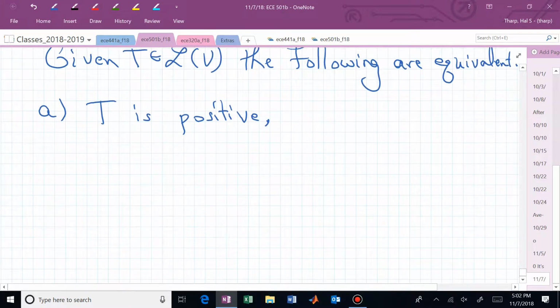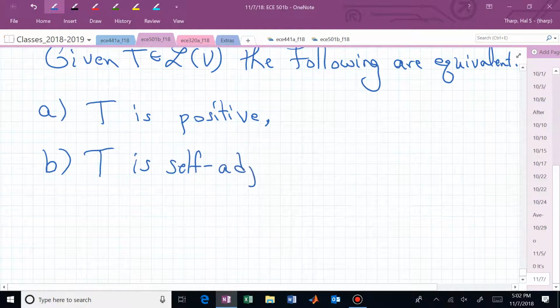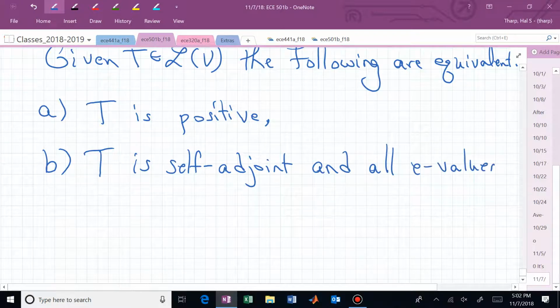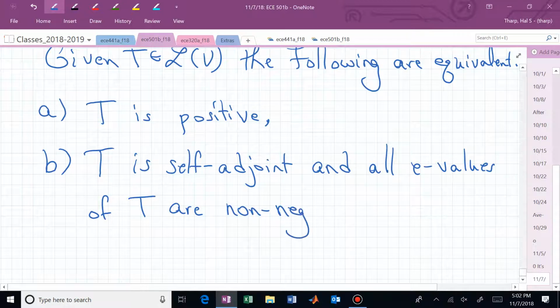So now T is positive, and that is equivalent to saying B: T is self-adjoint and all of its eigenvalues of that linear operator are non-negative.